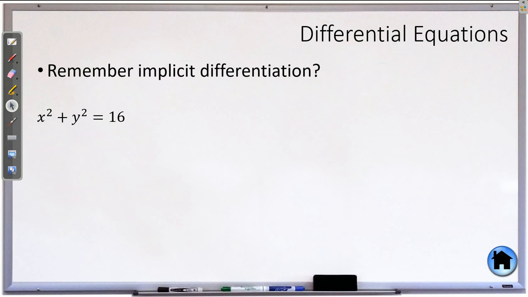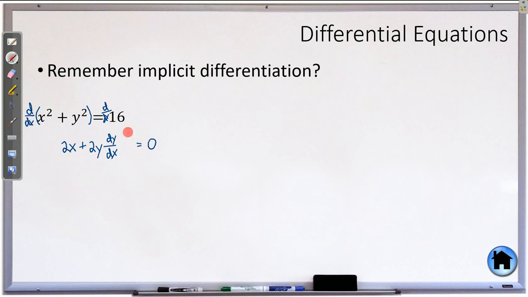This is sort of a throwback to implicit differentiation, taking the derivatives of both sides of an implicit equation. So let's do that real quick to see how these two are going to be connected. We'll take the derivative with respect to x of the left and the derivative with respect to x of the right. The right side is of course 0. And then we get 2x plus 2y dy over dx.